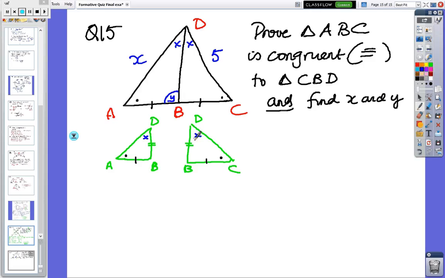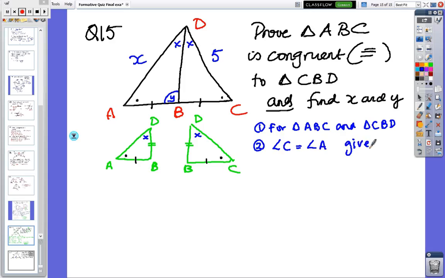So let's have a proof now on congruency. We've got triangle ABC and triangle CBD. Introduce them. First one is angle at C equals the angle at A, given. Next one, angle ADB equals angle CDB, given.